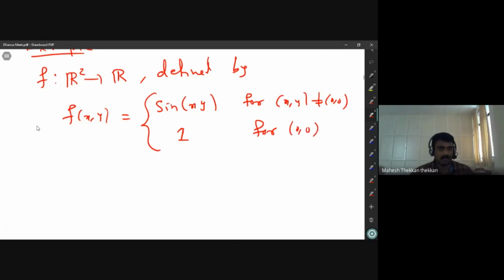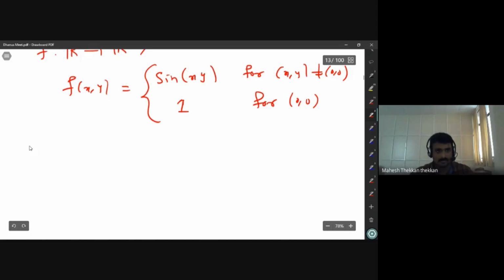I just want to look at what the limit is. So my aim is to find the limit of f of (x, y) as (x, y) tends to (0, 0).